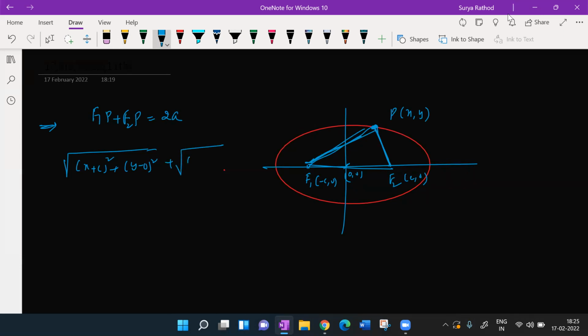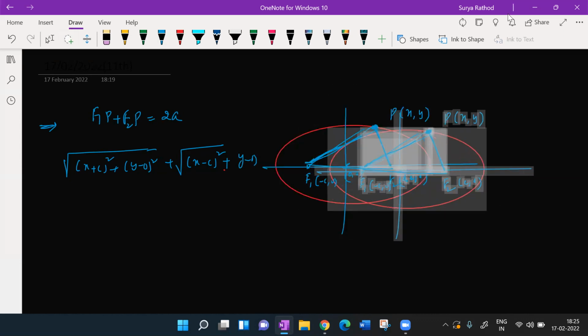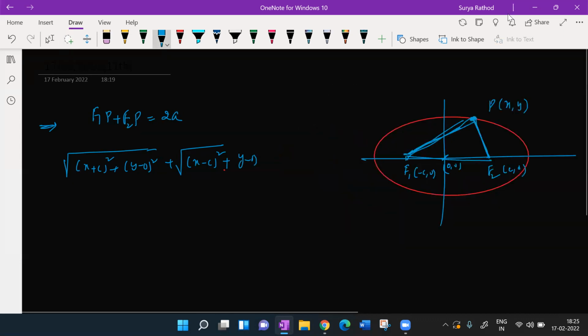What is F2P? Square root of (x minus c) whole square and (y minus 0) whole square, which is equal to 2a.